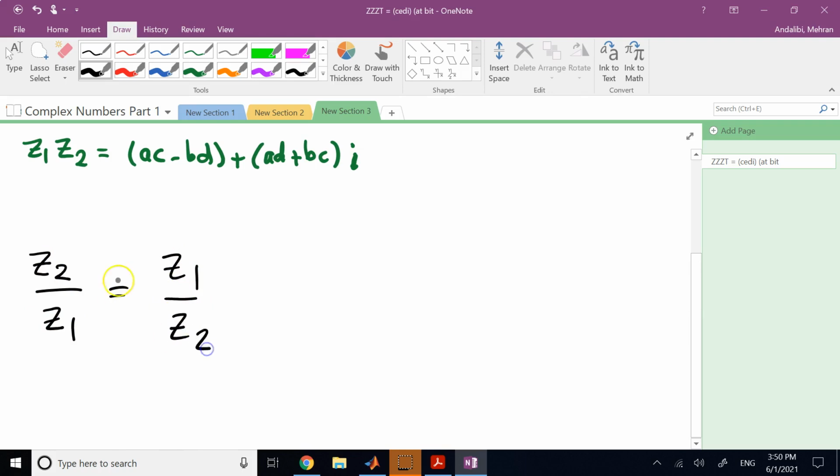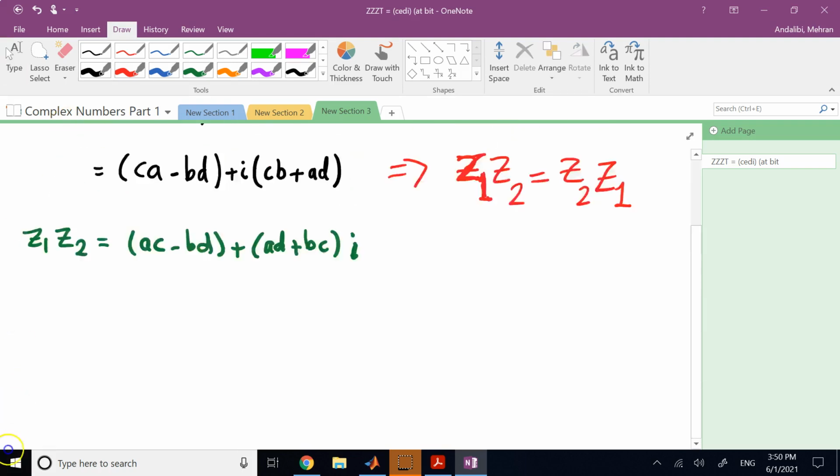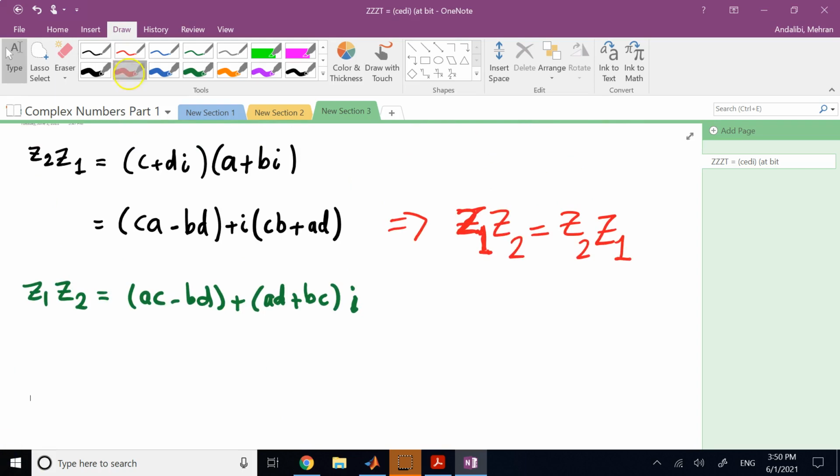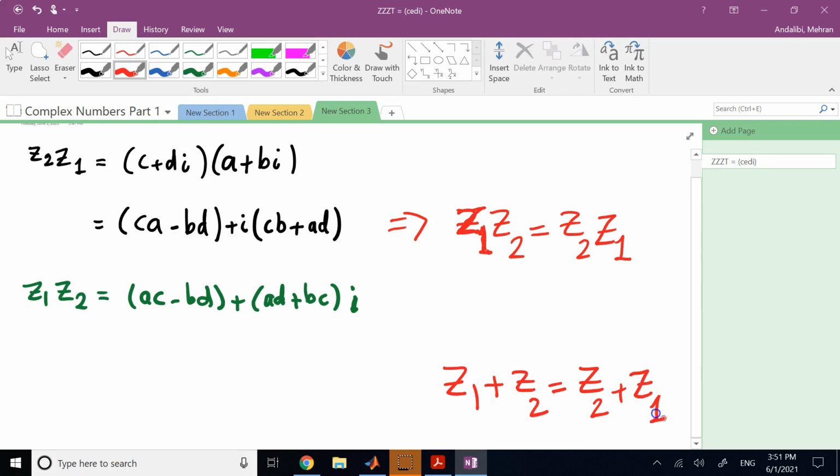So you don't expect the division to have such a thing, and you don't expect subtraction to have the commutative property, but definitely the product does, and definitely the addition does. And these are very important. So these two properties have the commutative law.